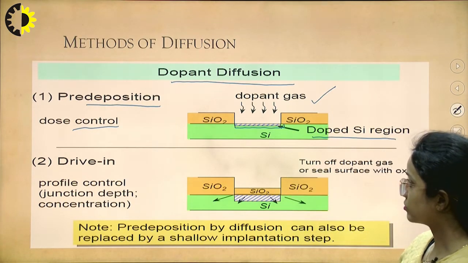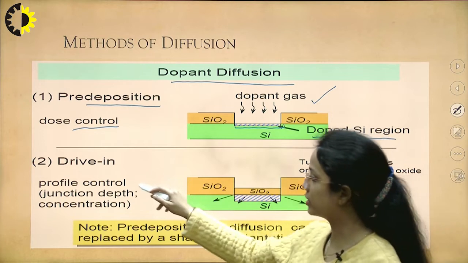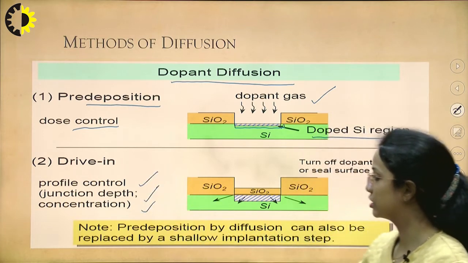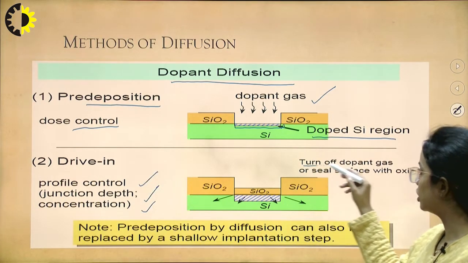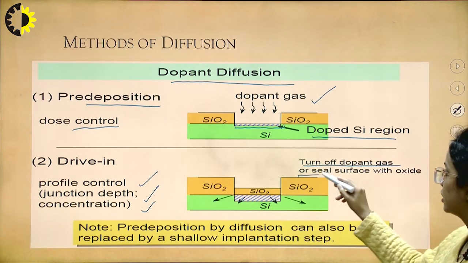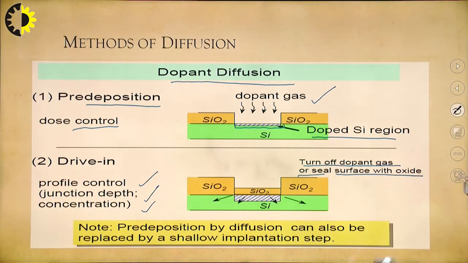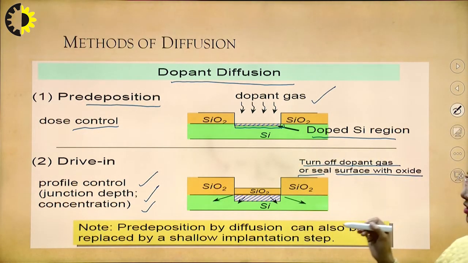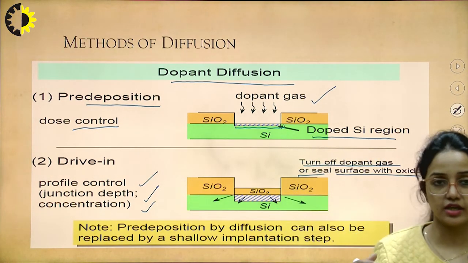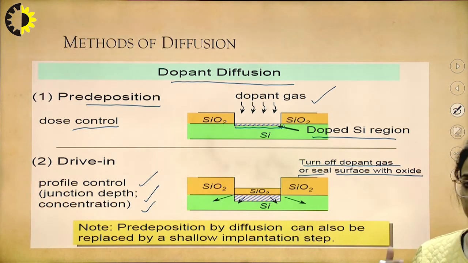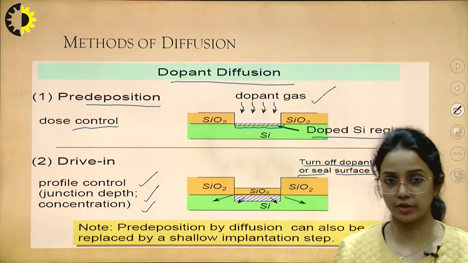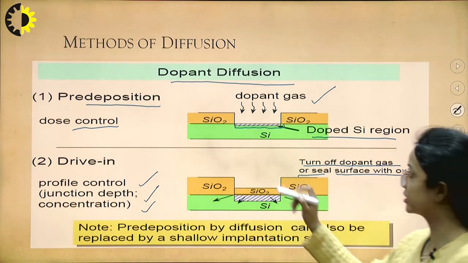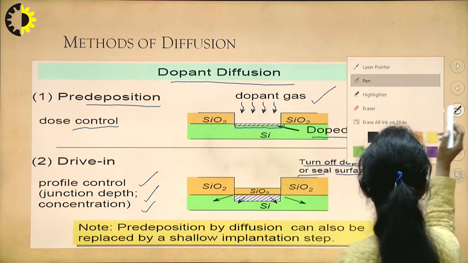Now next is profile control of junction depth and concentration. Here, turn off the dopant gas or seal the surface with oxide. As soon as we have achieved the required diffusion layer and want no more diffusion to take place, we seal or lock it.